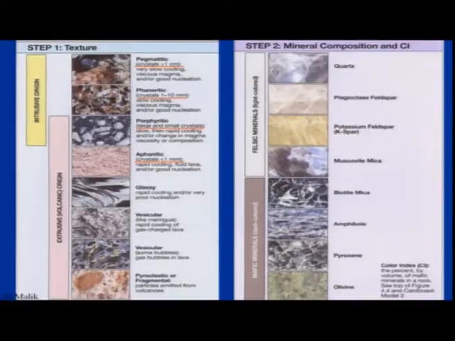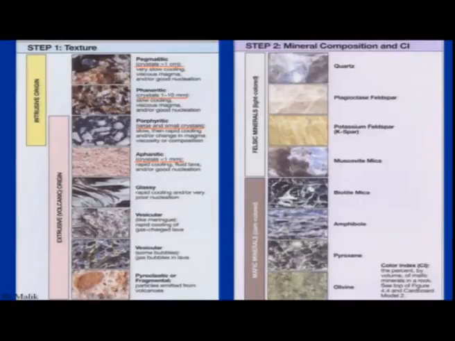Mineral composition is again an important criterion, as we have been discussing right from the beginning when we were talking about mineral formation. Mineral composition is one of the major criteria to identify the rocks. We have feldspar and silica rich rocks, which are felsic, and we have magnesium and iron rich rocks, which are mafic.